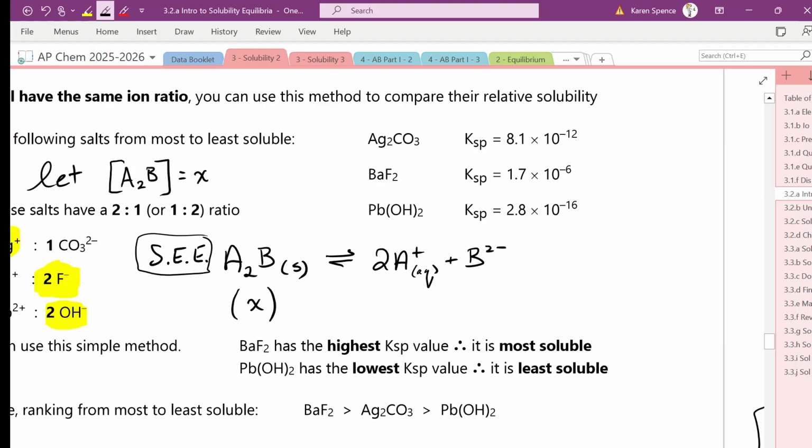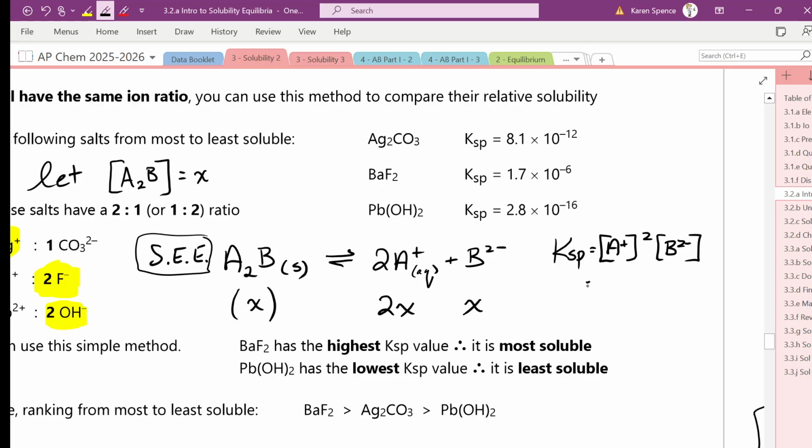What's the concentration of A? 2X. What's the concentration of B? X. What is my KSP expression? The expression: A plus squared times B2 minus.